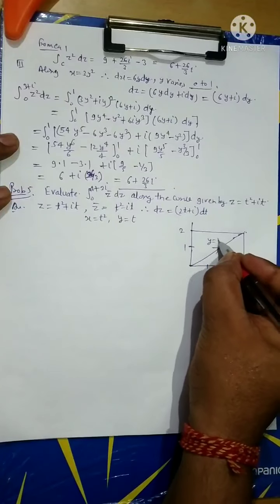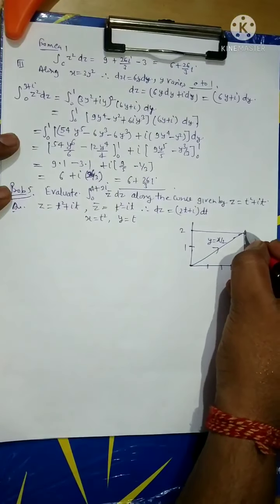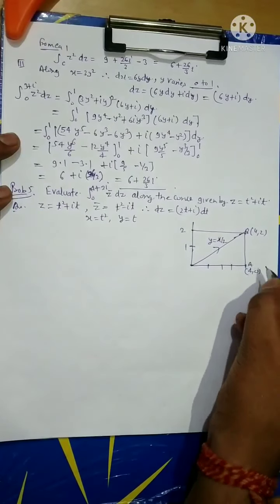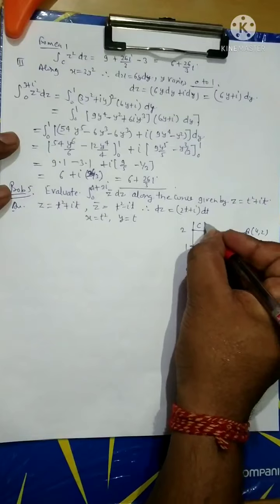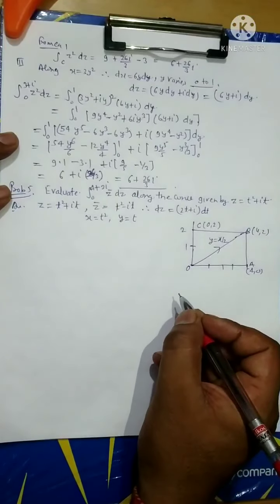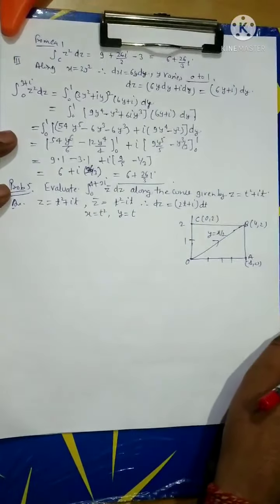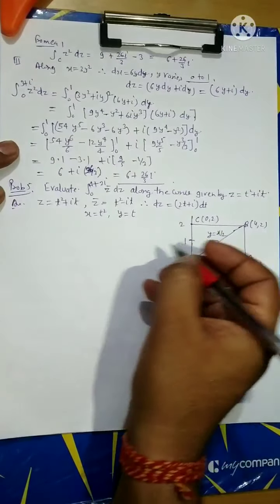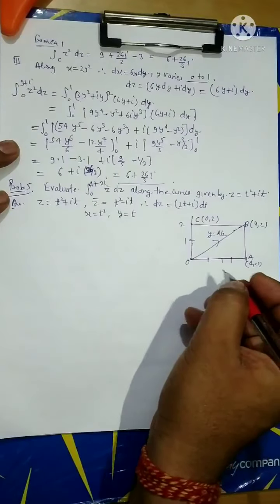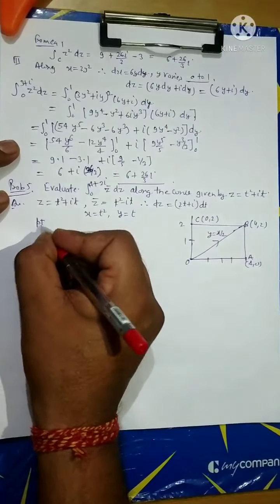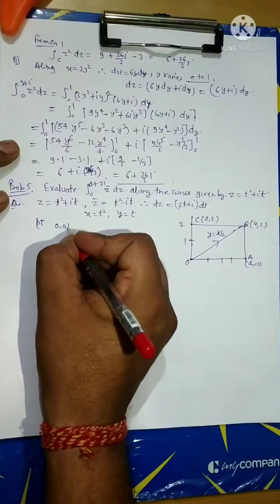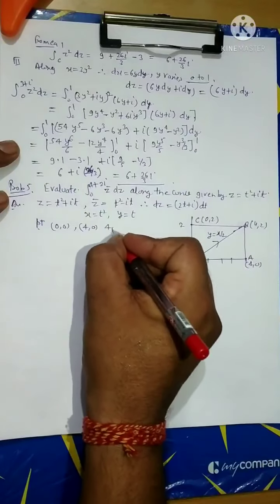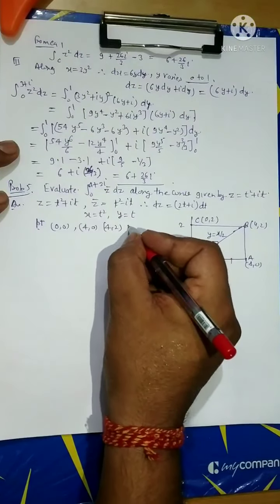Now y is equal to x by 2 is equal to point B (4, 2). Now (4, 0) is equal to point A, the origin, and C (0, 2), or we can say point (0, 0), (4, 0), (4, 2), (0, 2).